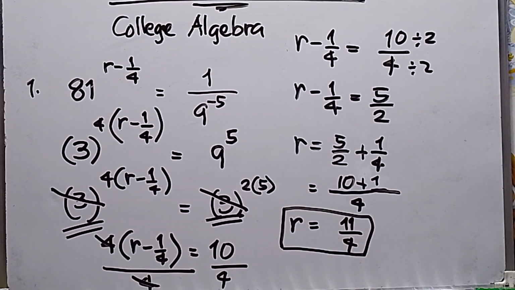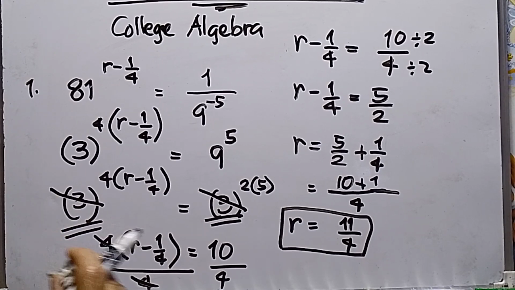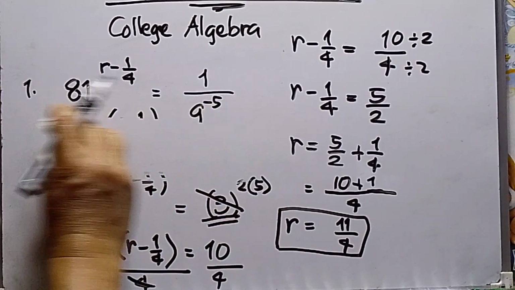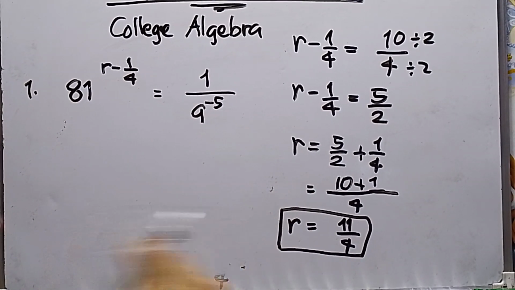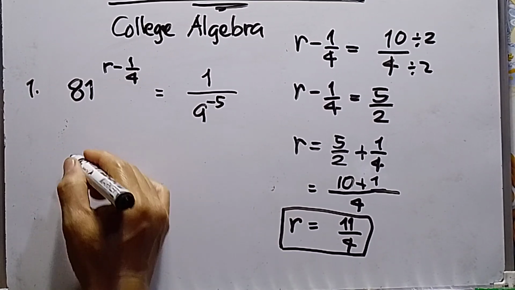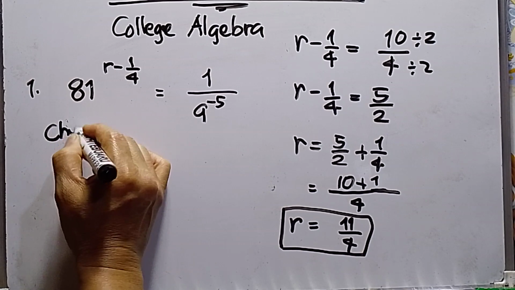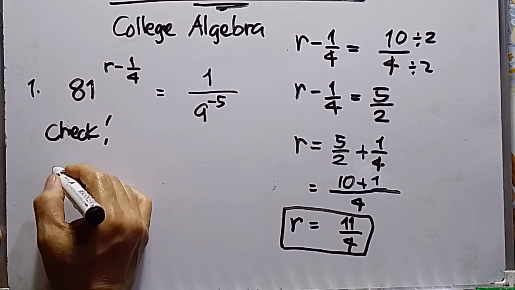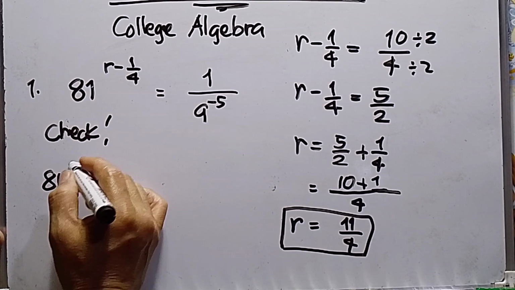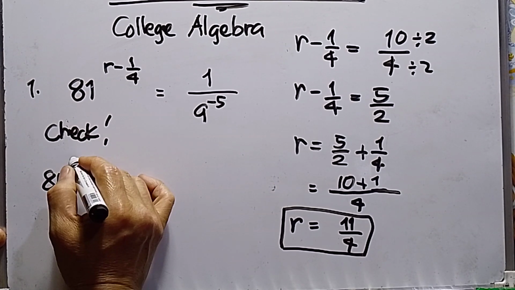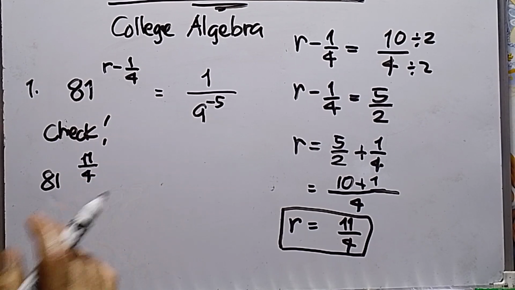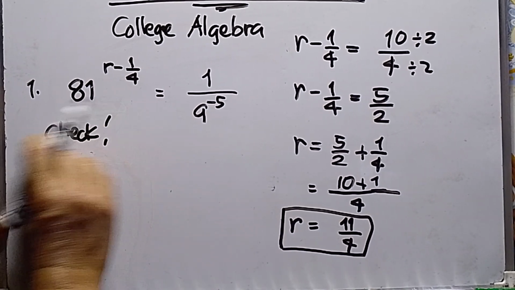Okay? But we need to check if r will satisfy the given equation. So let us substitute. So 81, we check. Replace r in the given. So r is 11 over 4. By the way, we have to make the same base. Sorry.